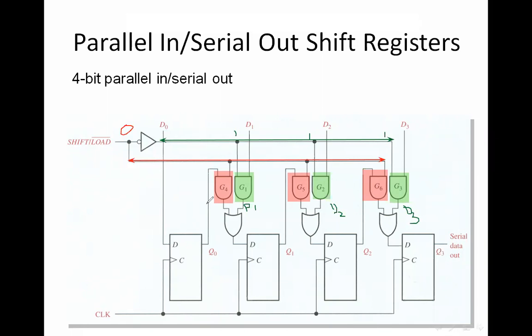So my values are parallelly getting inside. This is called load, because I am loading the values into the flip-flops. D0 also gets inside. D1 is getting inside via G1, D2 via G2, and D3 via G3, making use of the OR gate.